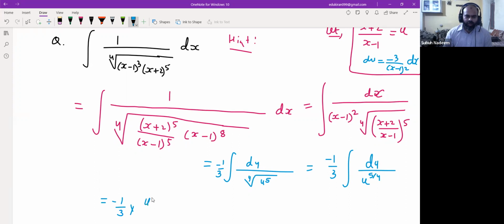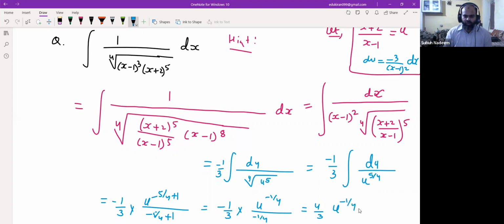U to the power minus 5 by 4, and then plus 1, and minus 5 by 4 plus 1. So minus 1 by 3 into u to the power minus 1 by 4 by minus 1 by 4, and it will be equal to 4 by 3 u to the power minus 1 by 4.